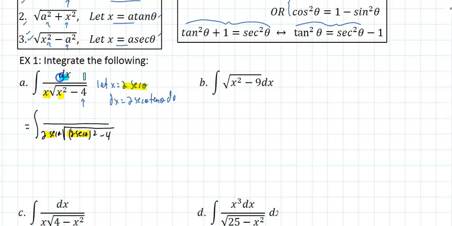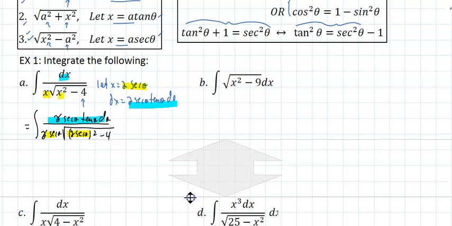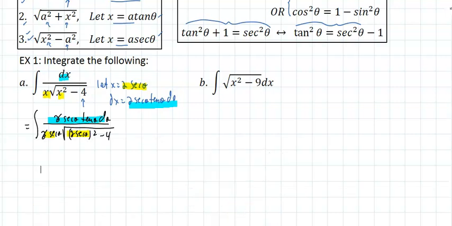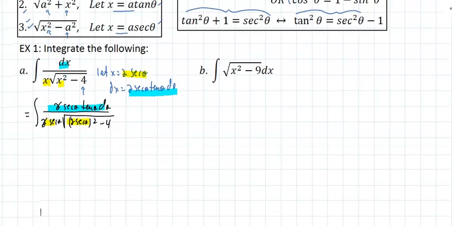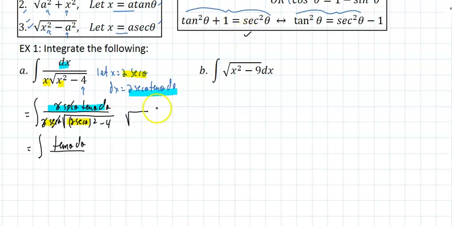And dx is really all of this, 2 secant of theta tan of theta d theta. The 2's cancel out in this case. That's not always the case, but good start. I know that this secant will cancel with that secant. I'm left with the integral of tangent of theta d theta divided by the radical, which I'll work on the side, and that's where these are going to come in handy.